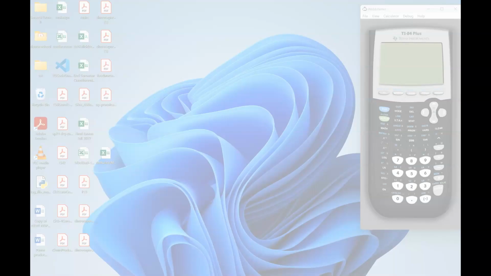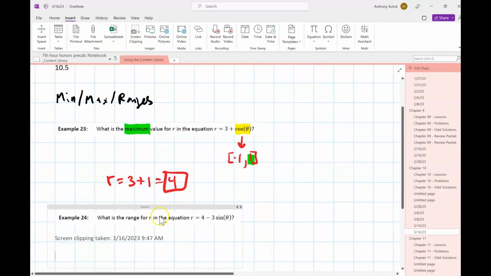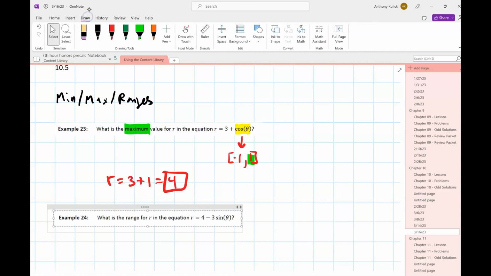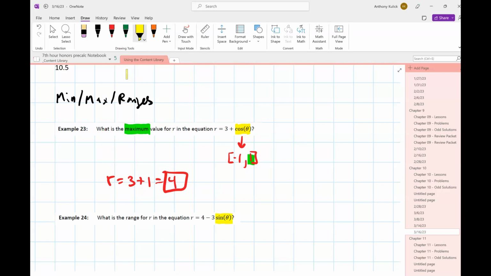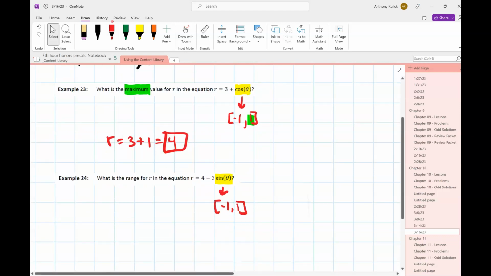Okay, what if instead of asking for maxes and mins, we ask for a range? Does this really fundamentally change the problem at all? No, it's basically the same thing. Since it's a range, I'm just concerned about the maximum and minimum values of r. And again, I noticed that r is completely controlled by sine theta. That's the only variable part of r. Just like cosine, the range of outputs for sine is just -1 to 1.